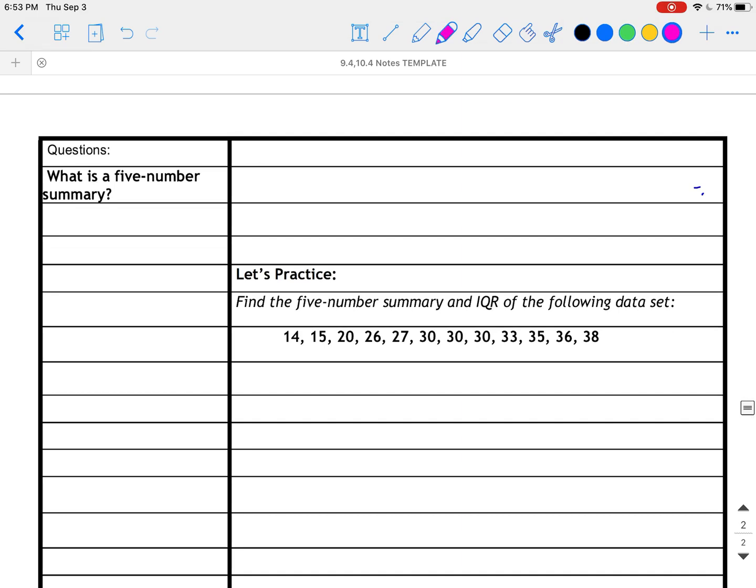So what is a 5-number summary? A 5-number summary is the 5 numbers, and remember you can abbreviate in your notes as long as you understand what the symbols mean, that make up a box and whisker plot.